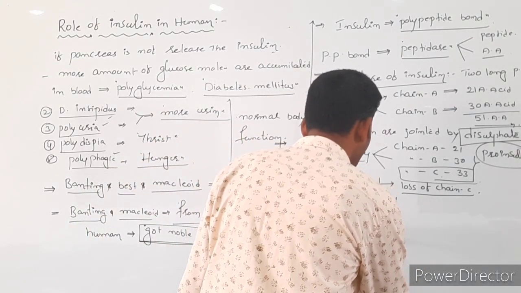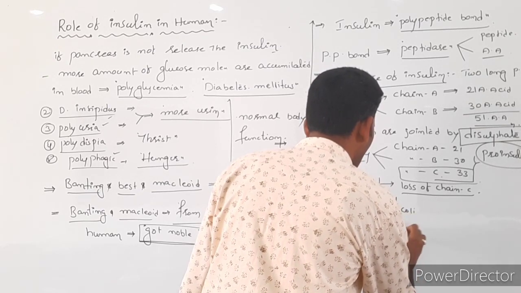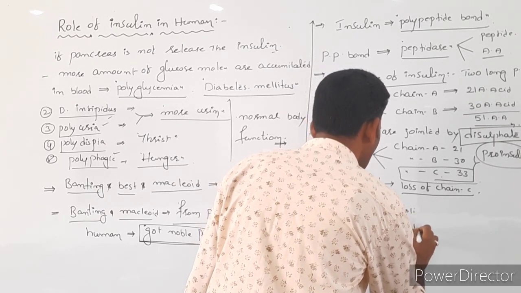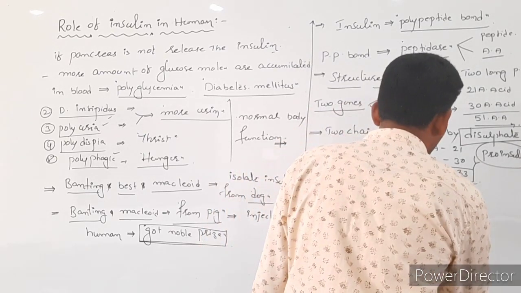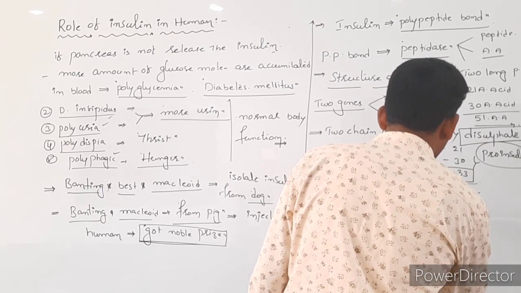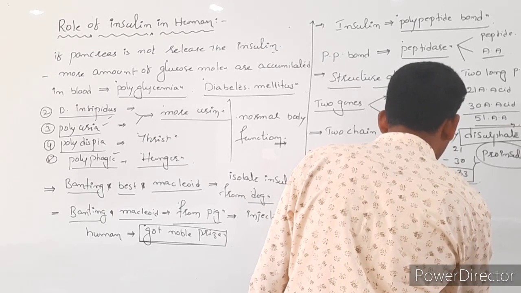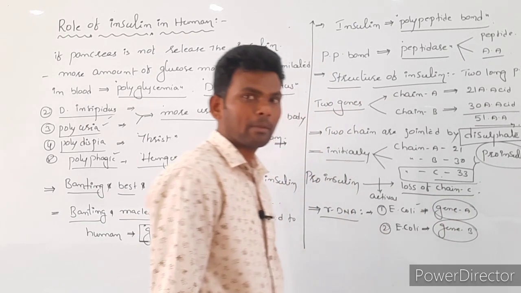Two bacteria: E. coli 1 and E. coli 2. In E. coli 1, gene A is inserted, and in E. coli 2, gene B is inserted.